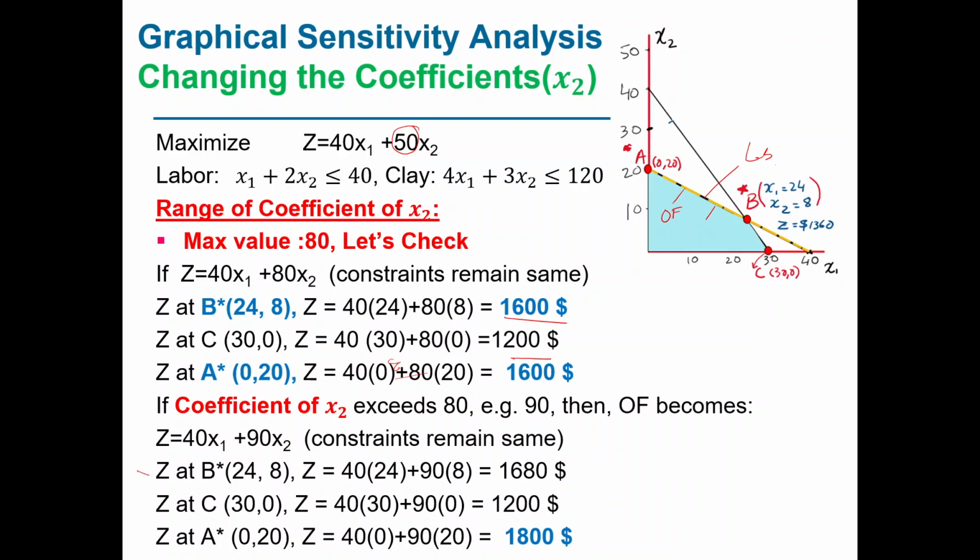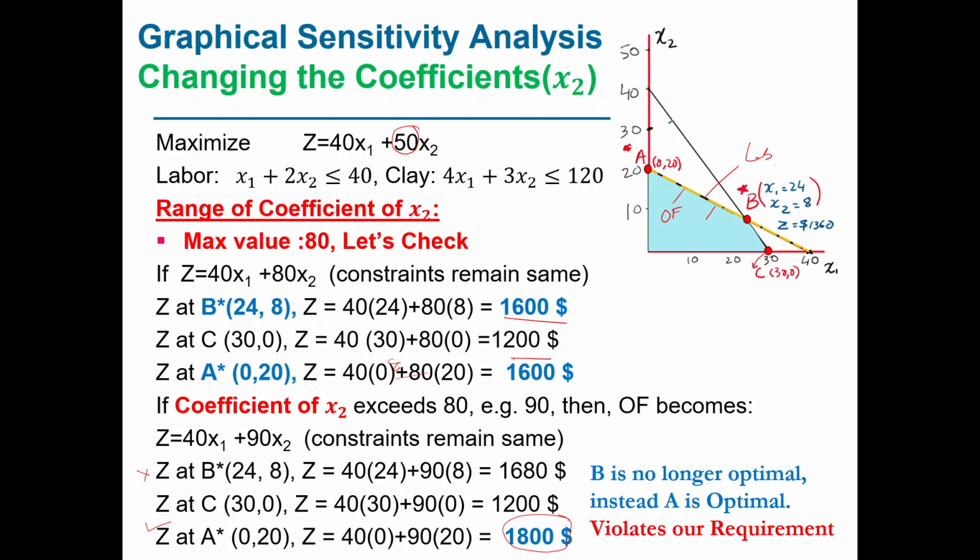Instead, A has become the optimal point where the profit is $1,800. Now B is no longer optimal, and this violates our requirement. So we can say that the maximum value the coefficient of x2 can take is 80.